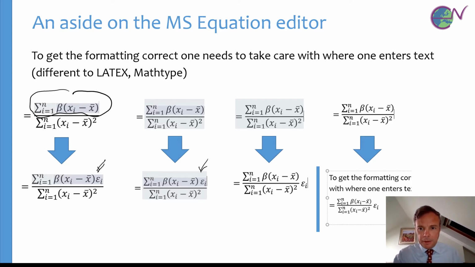And if I were to type it at the end here, then Microsoft PowerPoint would think that I was making this inline and the whole formula would shift across to the left. So one's got to look at where the grey boxes are to see where one's going to enter. And if you're used to using MathType, the confusing thing is that the Microsoft equation editor's conventions are slightly different.